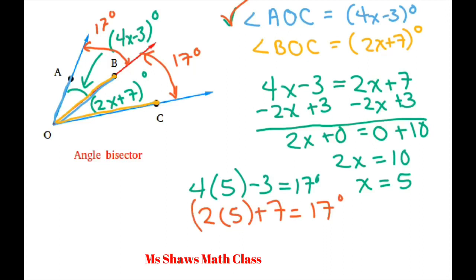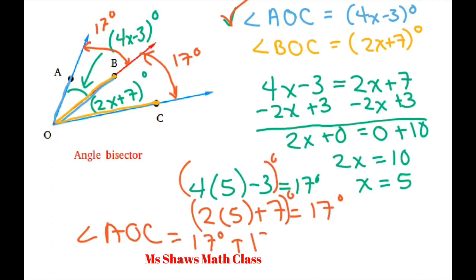So this is 17 degrees. Now if you want to know what angle AOC is, you just add the 17 degrees plus 17 degrees, and that gives you 34 degrees. So this whole angle would be 34 degrees.